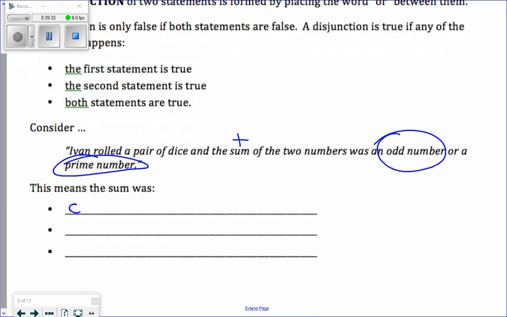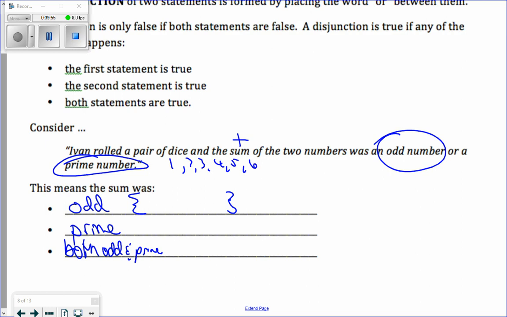So what does this mean? Well, it means the sum was odd, or it was prime, or it was both odd and prime. Okay, so think of your two numbers. You've got two dice, 1 to 6. You roll one dice and it lands on a number. You roll the other dice and it lands on a number.